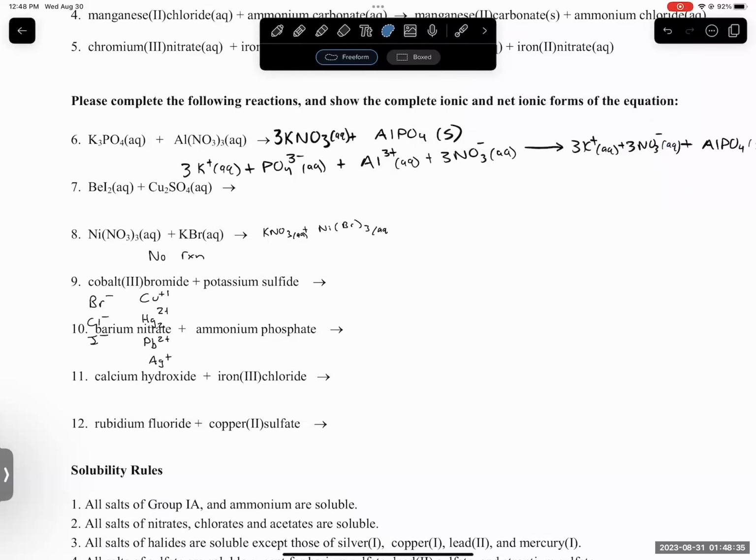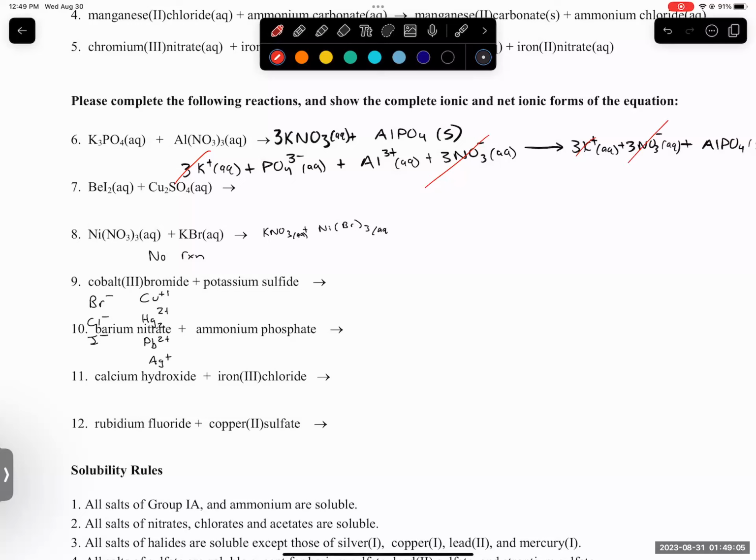And now this is the fun part. You're just canceling everything out that's the same on both sides. For example, we have 3K plus aqueous on the left, and 3 potassium ions, K plus aqueous, on the right. We can cancel those out. And what else can we cancel out? Yeah, so we have 3 nitrates on the left, 3 nitrates on the right.